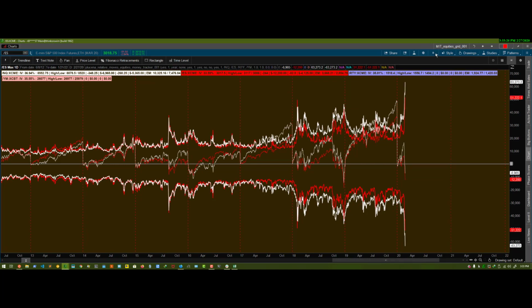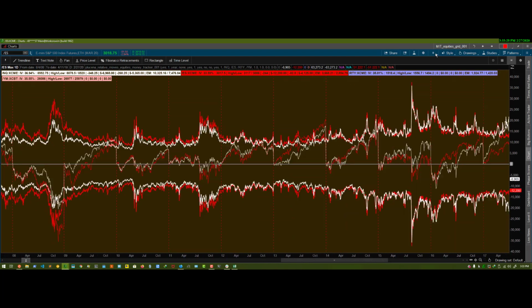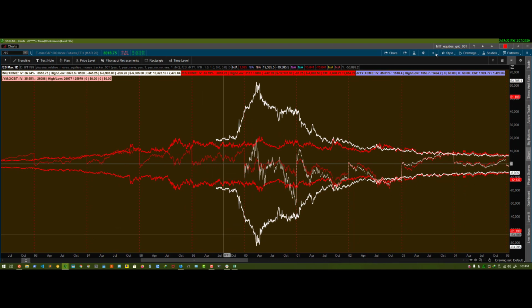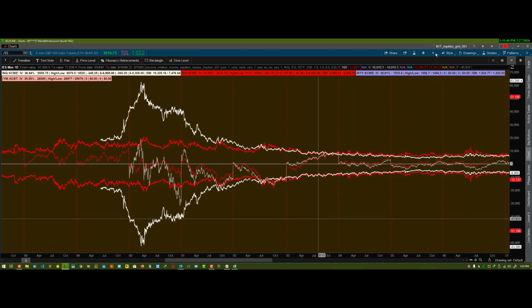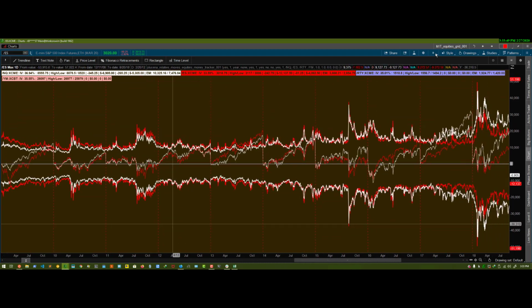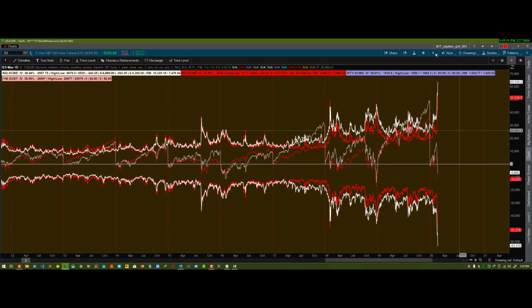And the nice thing about these two contracts is that they have some history. So I went back to the year 2000 when the whole dotcom bubble happened. I went back to 2008, when that whole thing happened. And I'm comparing them to what's going on right now.